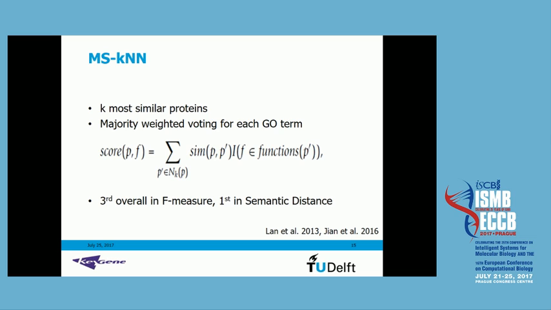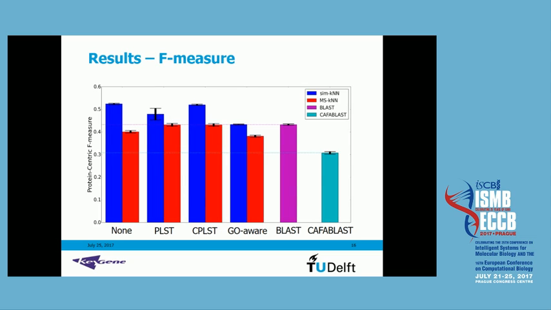So we compare against this method, which was one of the best in CAFA 2 and I think also in CAFA 1. These are our results for the maximum protein-centric F measure. The blue bars show our similarity representation, the yellow bars MSKNN, and so you can see 4 pairs of bars.